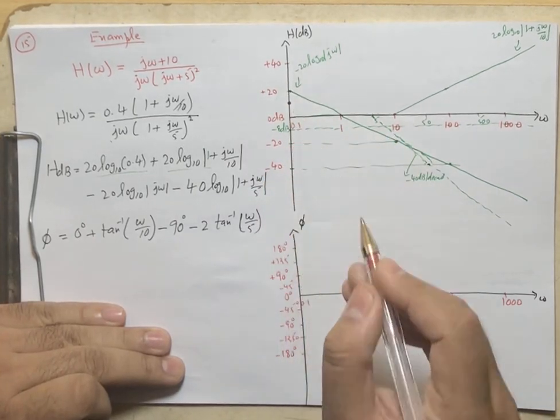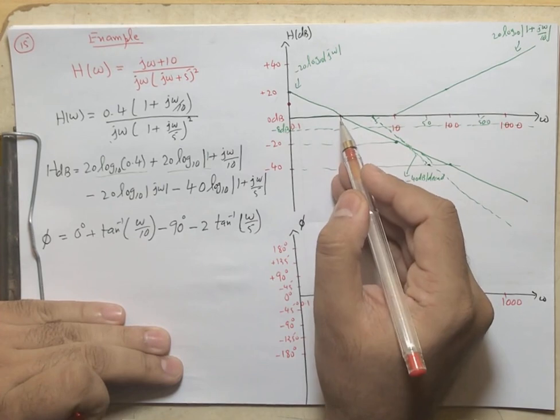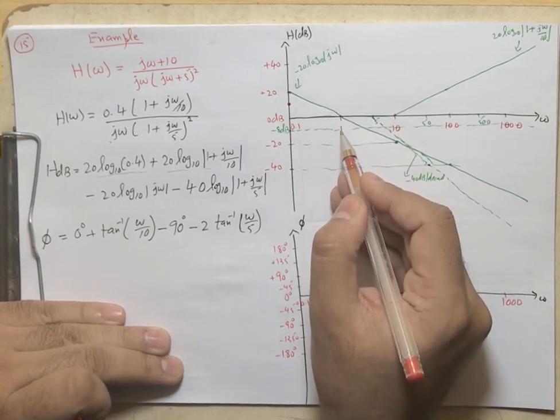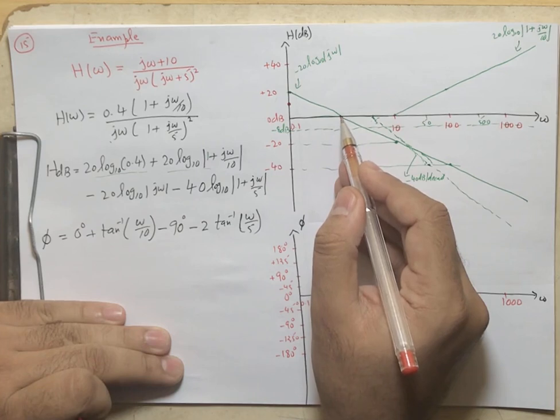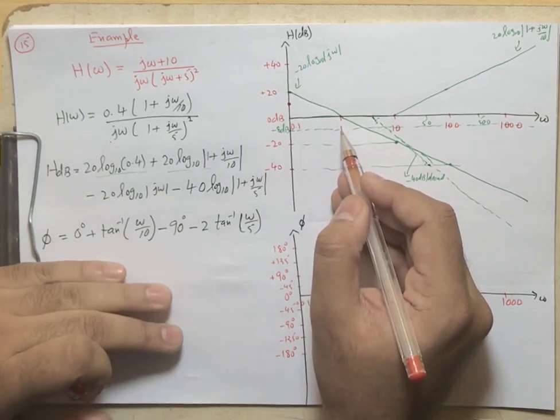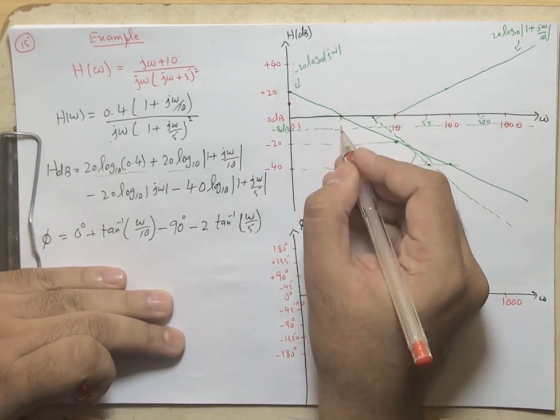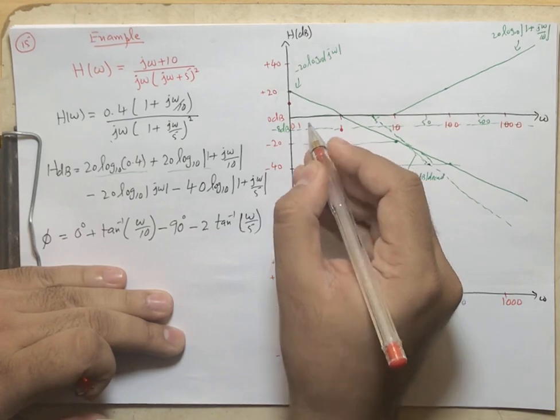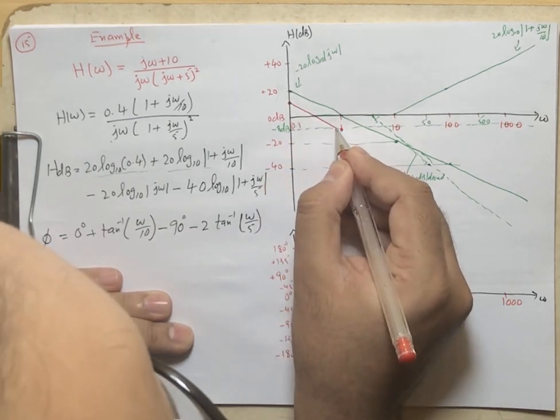So you will start from this point, and at 1 you will have minus 8 and the other one is 0, so your final answer will be minus 8 as well. So at 1 you will have a slope something like this.